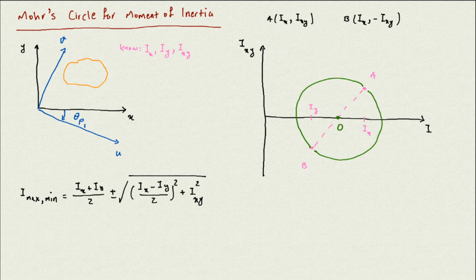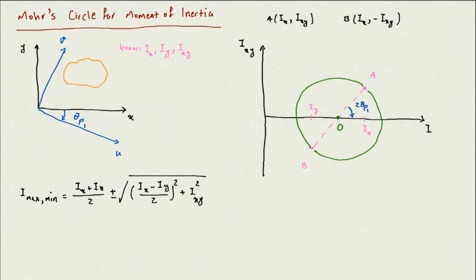So basically here, the point A is Ix and Ixy for the original X and Y axis. Now if I start to rotate, this is what's going to hit.